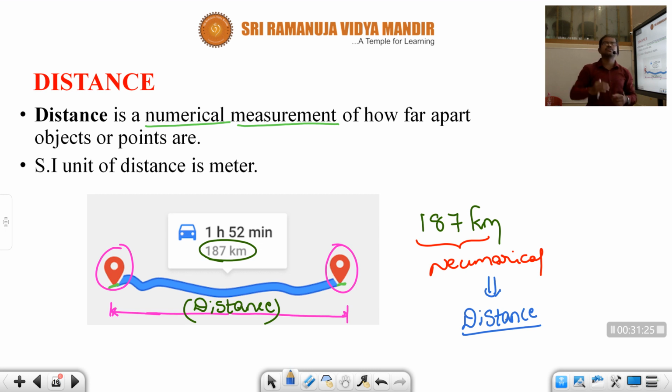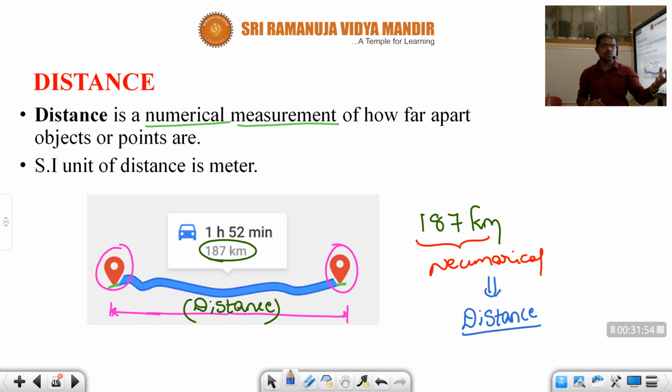Suppose you want to go to some place, you planned a tour. Let us take Bangalore, and you want to visit some forest there. First you will check the distance, and you will check the time requirement also.